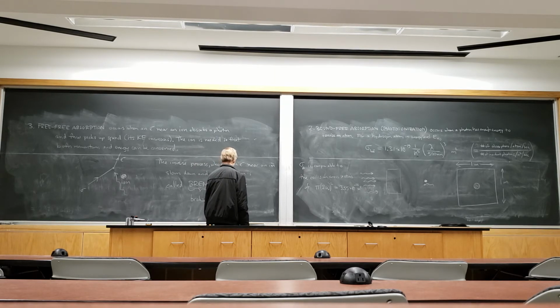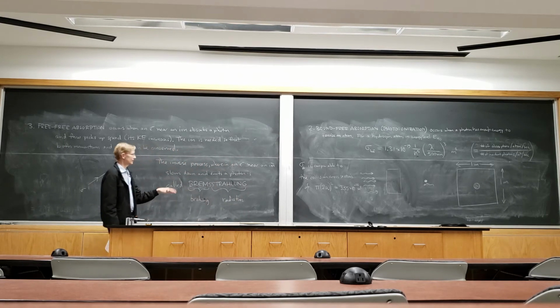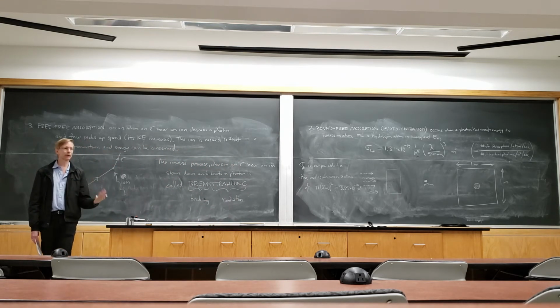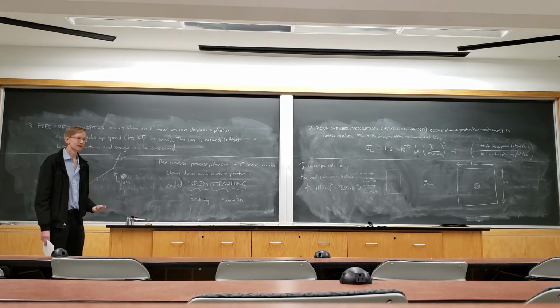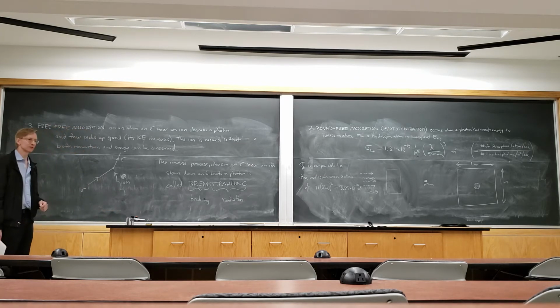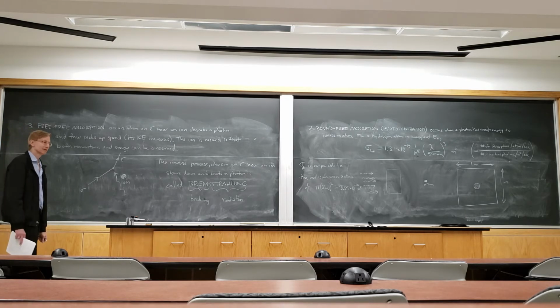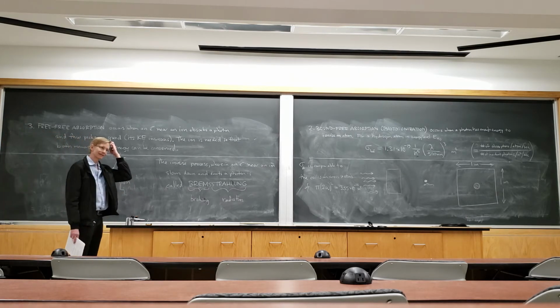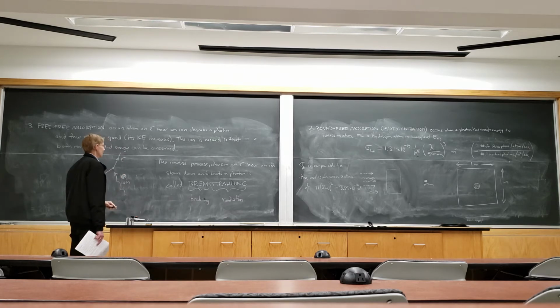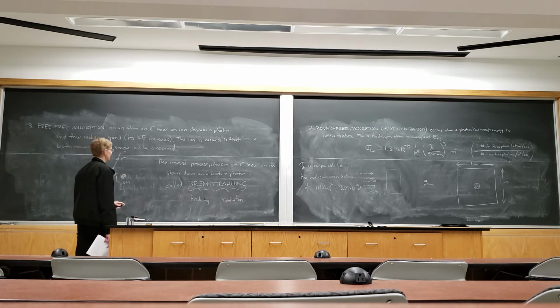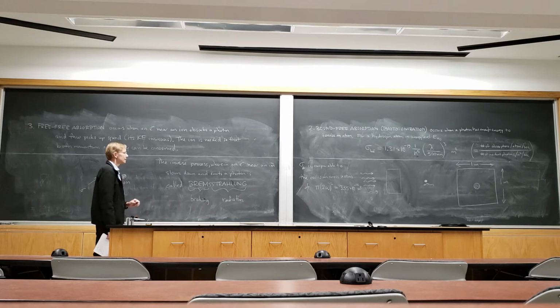Strahlung is the German word for radiation, and Brems means break or breaking, slowing down. So it's radiation because things are slowing down. Bremsstrahlung is the inverse process.